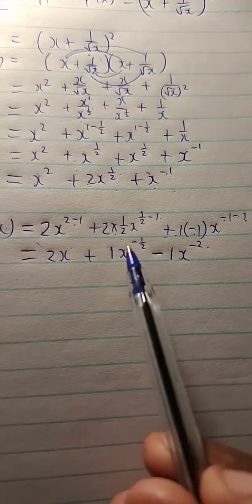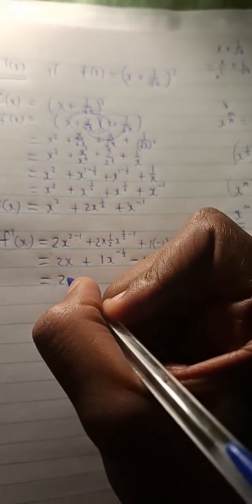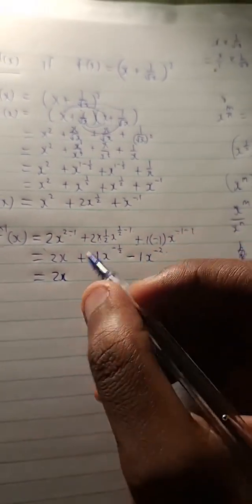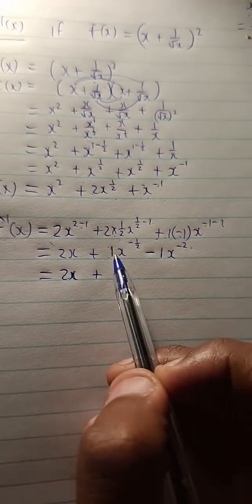Then, guys, we need to make sure that when we write our answer, we do not leave our answer having negative exponents. So, final answer, 2x is fine, plus that 1 will always be there whether we write it or we don't if there's a variable there.